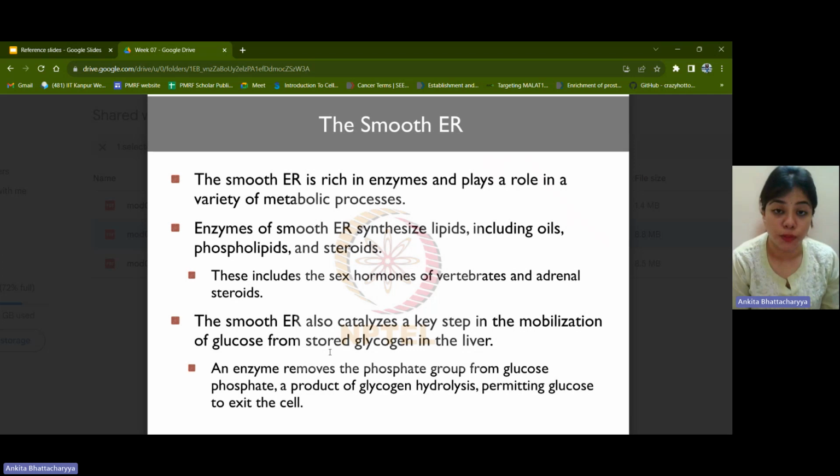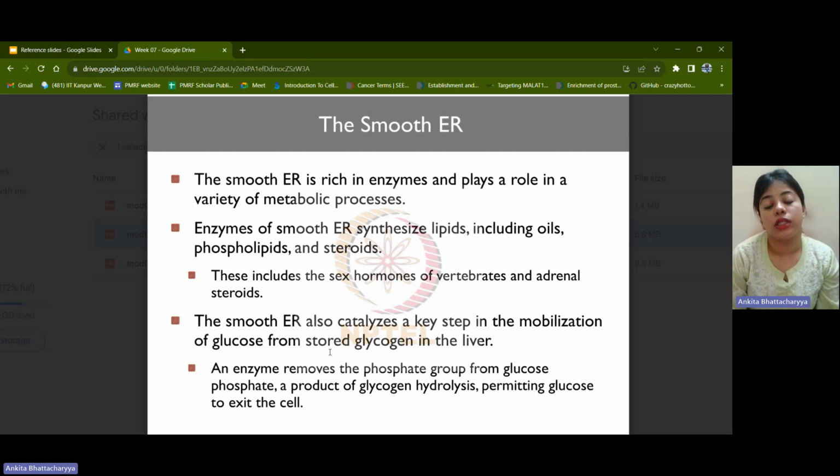So enzymes of the smooth endoplasmic reticulum are involved in lipid synthesis, which includes oils, phospholipids, and steroids. Some specific types of lipids are also digested, some are synthesized. It depends on the function of each organelle.